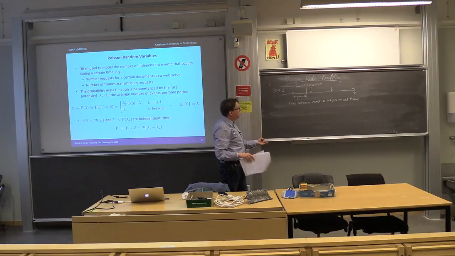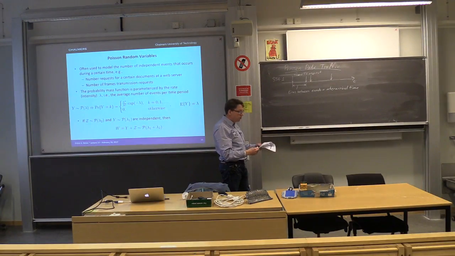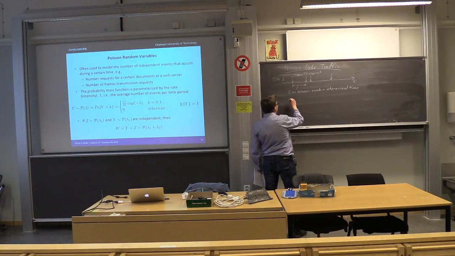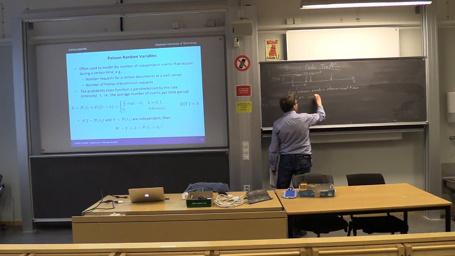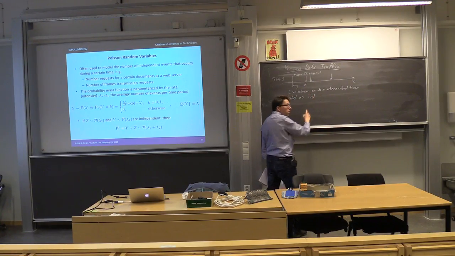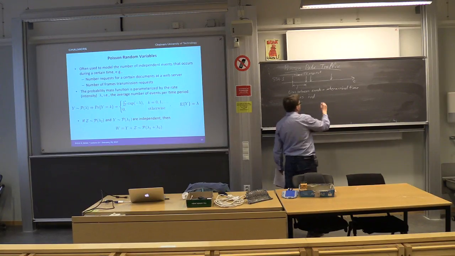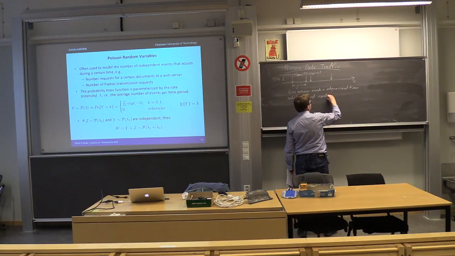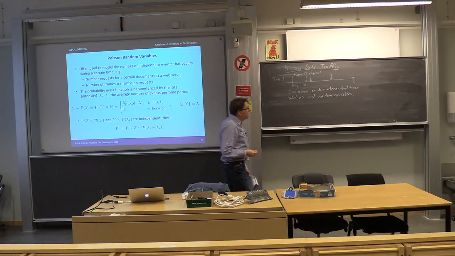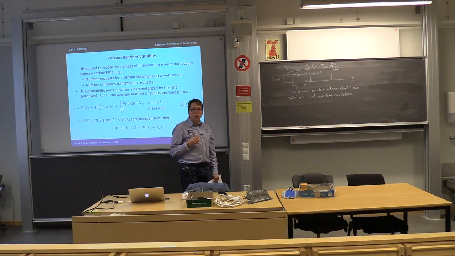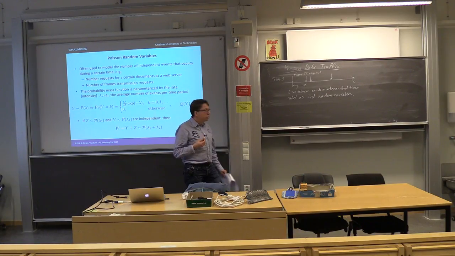So the time between these, the inter-arrival time, we model as independent, identically distributed random variables. And we assume that the distribution for the inter-arrival times is an exponential distribution.